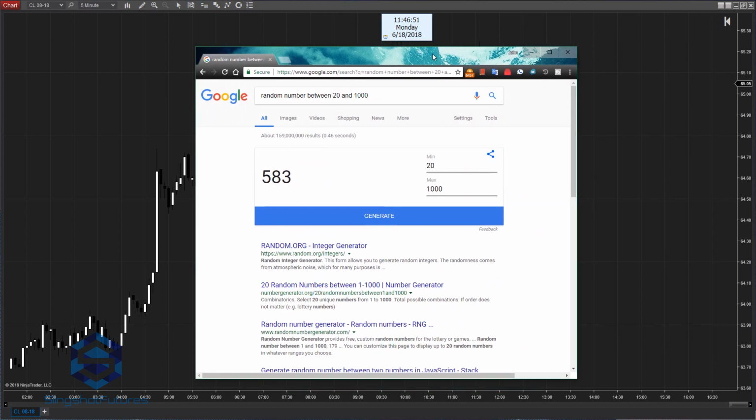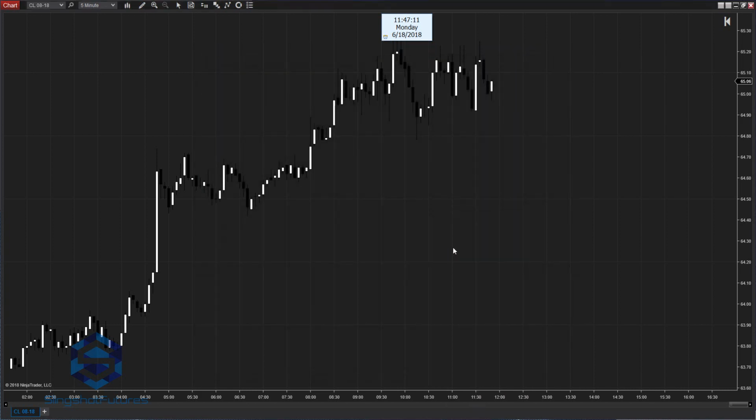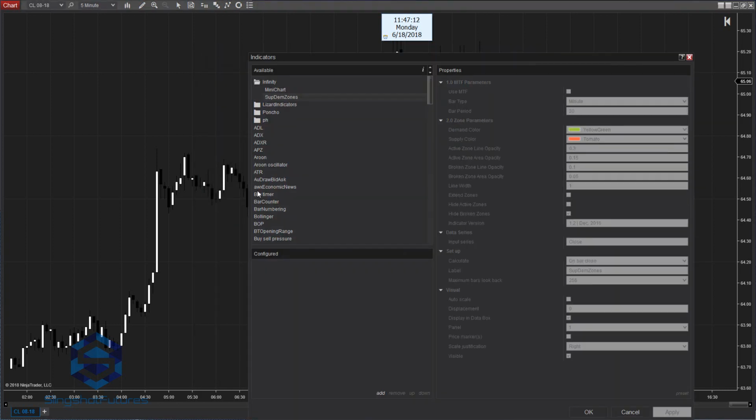You could start with 1, but a 1-period moving average isn't going to help a whole lot. So 583, and just so you can see it's completely random, I'll generate it a couple more times. 149, 246, 873. Okay, never heard of anyone using an 873-period moving average. So an 873, that's the one we're going to load up. Let's go into the indicator list and go down to a simple moving average.